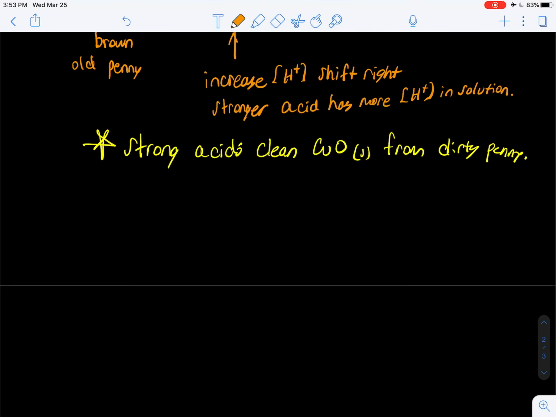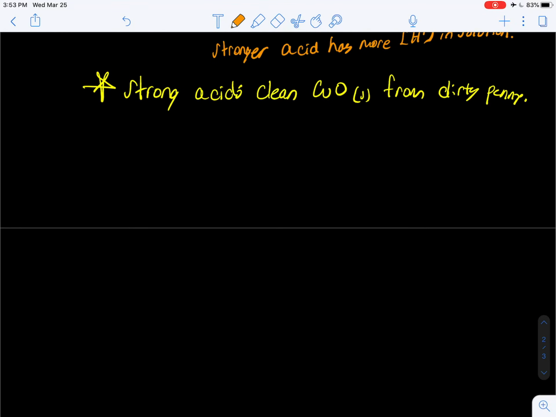All right, let's look at another example, calcium carbonate. We know calcium carbonate is an insoluble substance. It's chalk, it's limestone. And it can form calcium ions, and it can form carbonate ions.